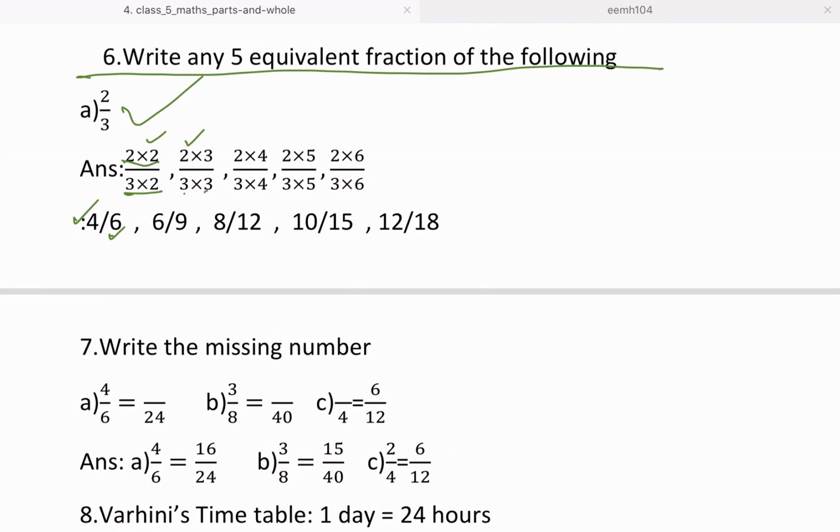It will give 2 threes are 6 and 3 threes are 9. Again, after 2 is 3, after 3 is 4, after 4 is 5, and after 5 is 6. It will be multiplied by continuous numbers and it will give 4 by 6, 6 by 9, 8 by 12, 10 by 15 and 12 by 18. These are the equivalent fractions.